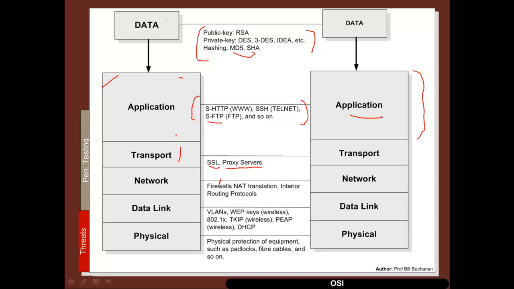At the network layer we can have firewalls, network address translation and interior routing protocols. At the data link layer we have the concept within security of VLANs, wireless web keys, 1x authentication, TKIP and wireless, PEAP and DHCP. And then at the physical layer we obviously get the physical protection of equipment such as padlocks, creating fiber cables to stop radiation from coming out and so on.